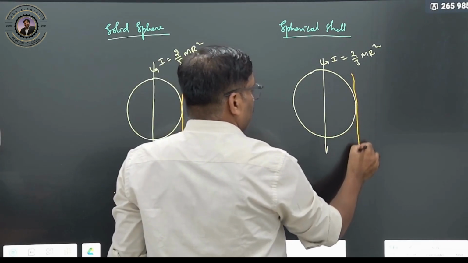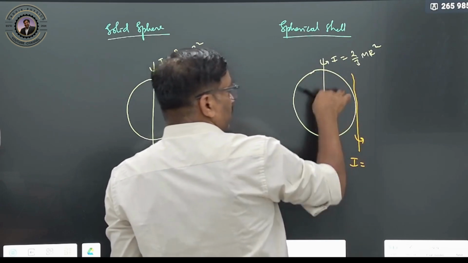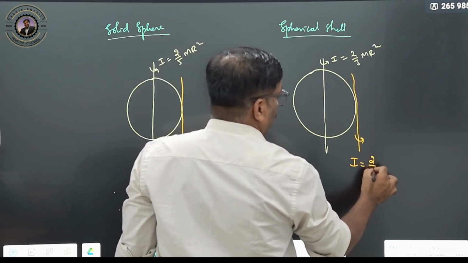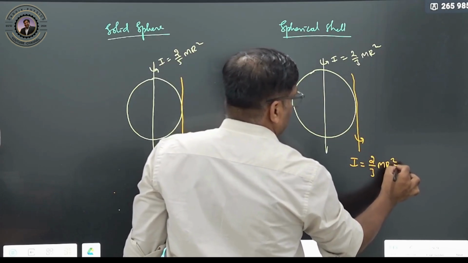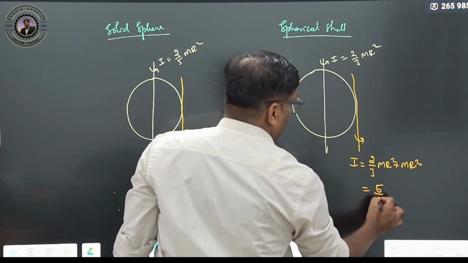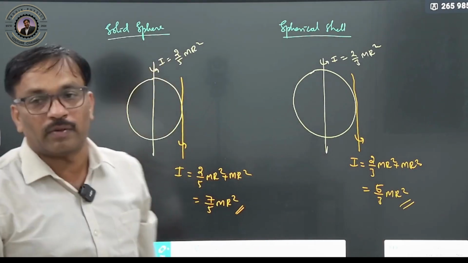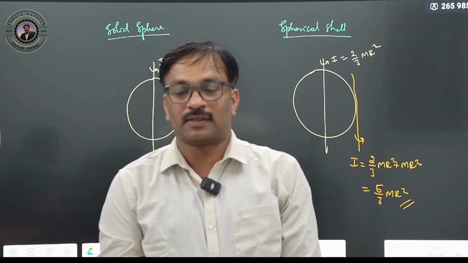Here also, for the tangent, Ig is the axis passing through the center, therefore 2 by 3 MR square plus MR square. How much will it be? So 5 by 3 MR square. This will be your moment of inertia of the hollow sphere.